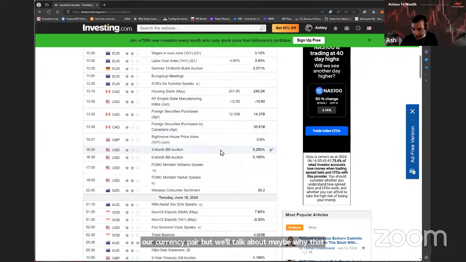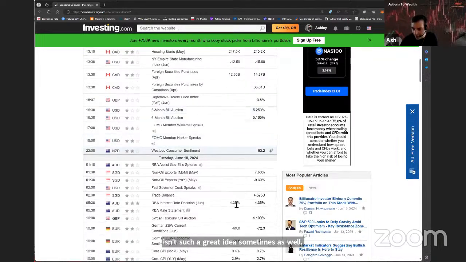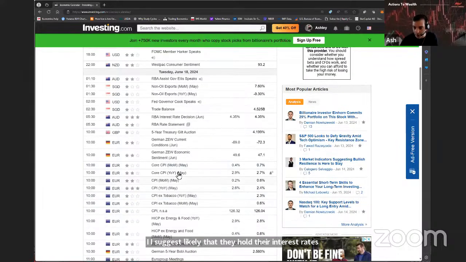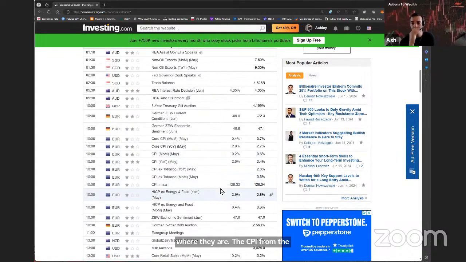Okay, so we've got an interest rate decision from the RBA. They are predicted to come out at 4.35%, and I would suggest that it is likely that they hold their interest rates where they are. The CPI from the Eurozone as well is of interest because the ECB have lowered interest rates and they're really keen.